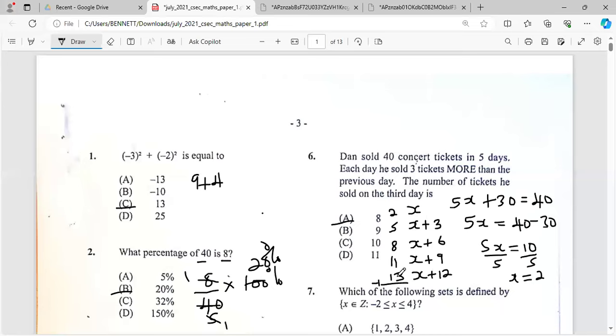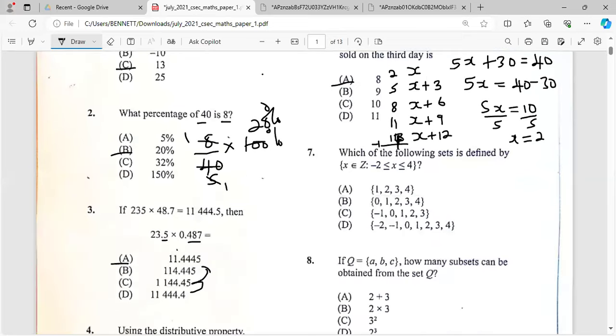Oh, this should be 14, as 2 plus 12 is 14. And then that should give you 40, right? 2 and 7, 2 and 5, 7 and 8, 15. And then this 26 plus that is 40.